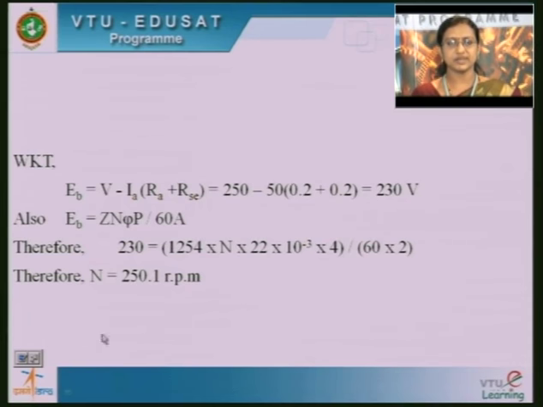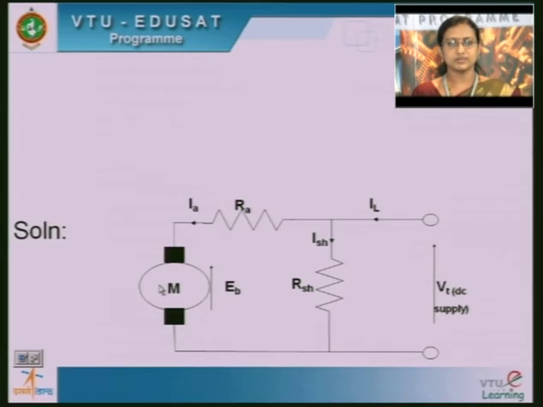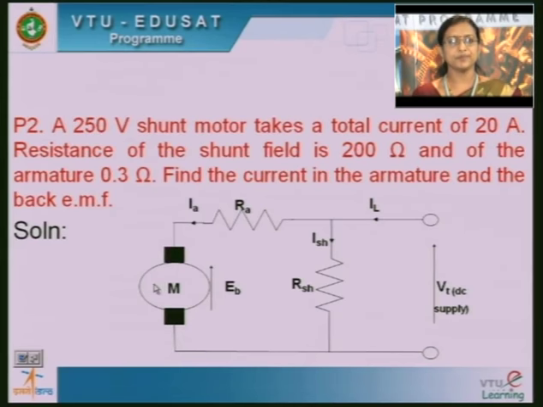Substitute the values and calculate the value of this speed of armature. We have got that N is equal to 250.1 revolutions per minute. So, this is how we have to solve the problem. First we have to collect the data and then we have to substitute in the equation to get the required answer.